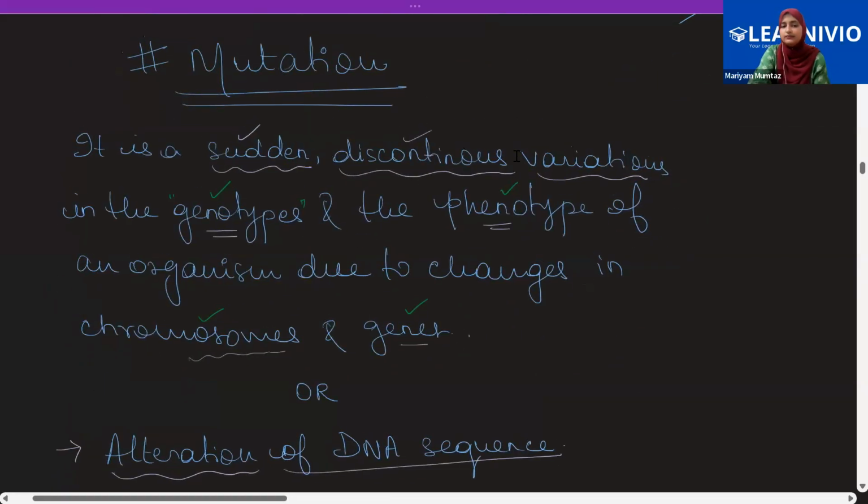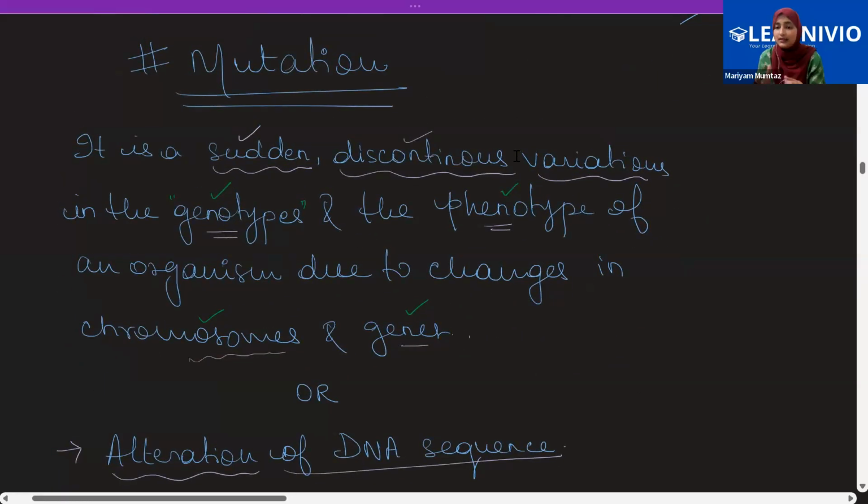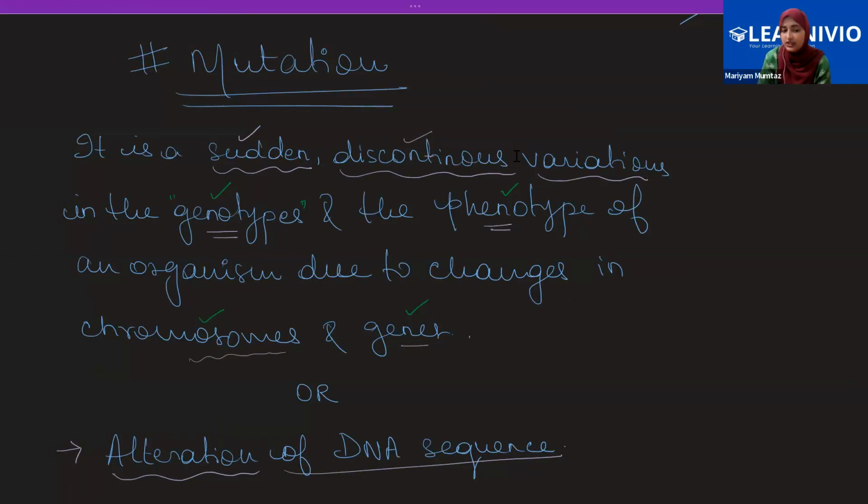Now moving on to the next topic, that is mutation. Mutation is a sudden change in the chromosome and the genes, and it is discontinuous and heritable. It can pass on from one generation to another. So it is a sudden discontinuous variation in the genotype and the phenotype of the organism. Genotype means at the gene level, phenotype means even at the morphological level.